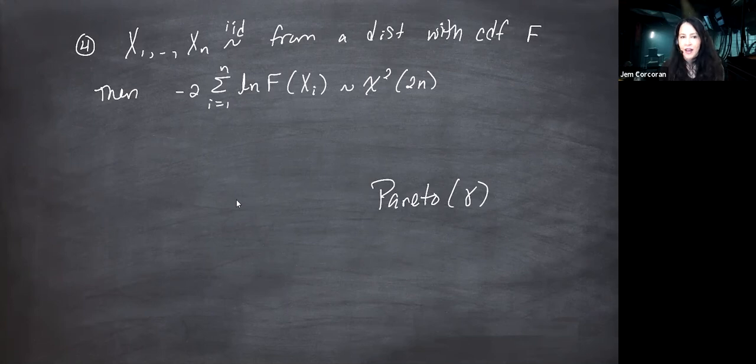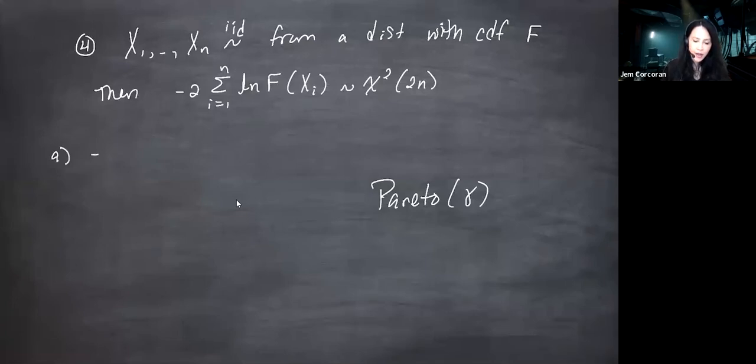So in part A, you weren't supposed to really do any extra work, but you were supposed to show, or at least state or argue, that -2 times the sum of the log of 1 minus F of Xi has the same distribution.